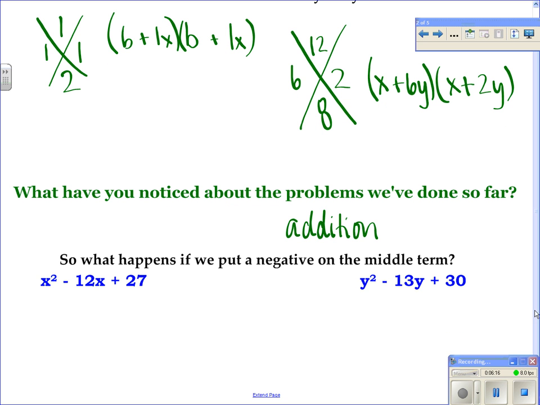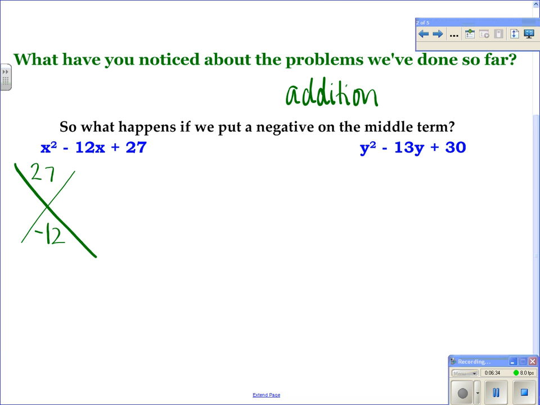So write down the 2 blue problems. Top number? Bottom. Negative 12. What 2 numbers will make this true? When you multiply 2 negatives, what do you get? Positive 27.